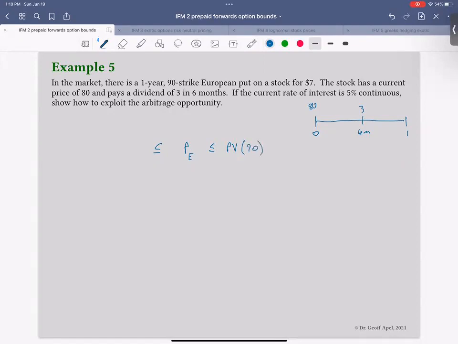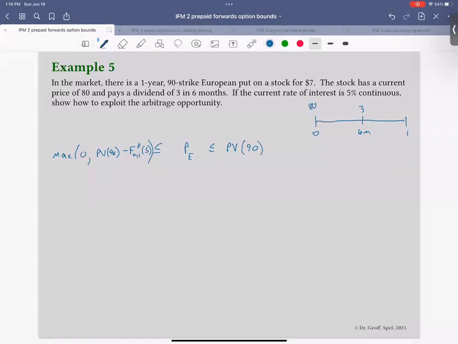It was 90. Or if I were to exercise it, so max of 0 and K minus S, but I'd have to do the present value. So present value of K minus prepaid forward of the stock.